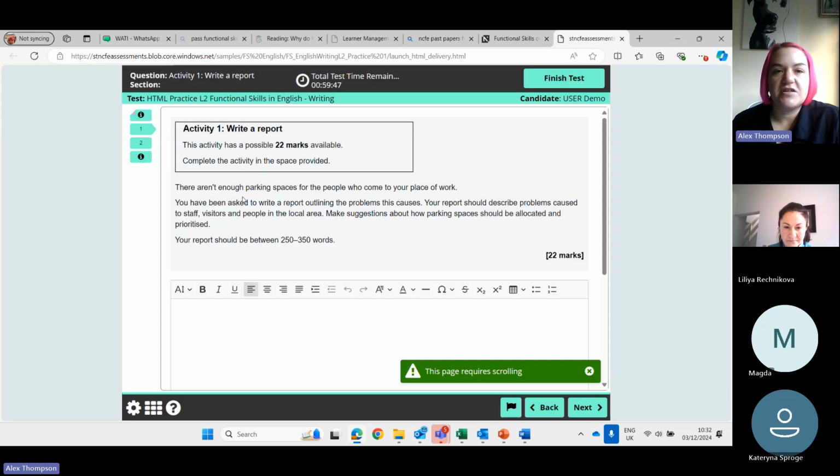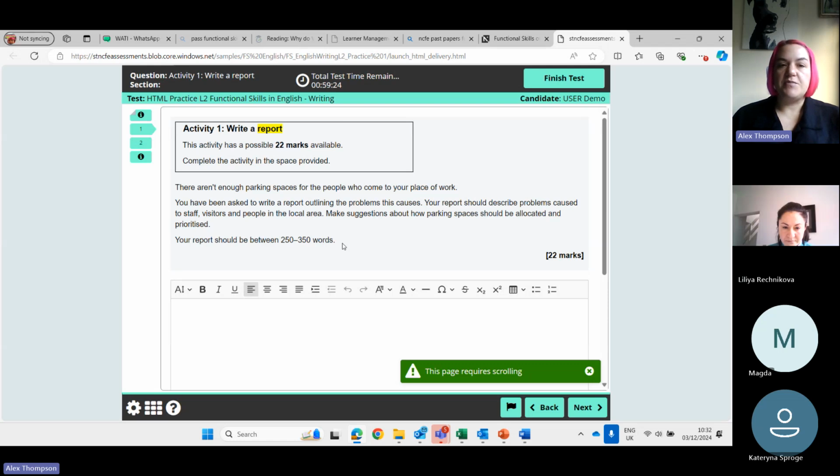If I show you the question, this says write a report. And it gives you a situation or a scenario or a story. It says, wherever you work, there aren't enough parking spaces for the people who come to your place of work. You have been asked to write a report outlining the problems it causes.